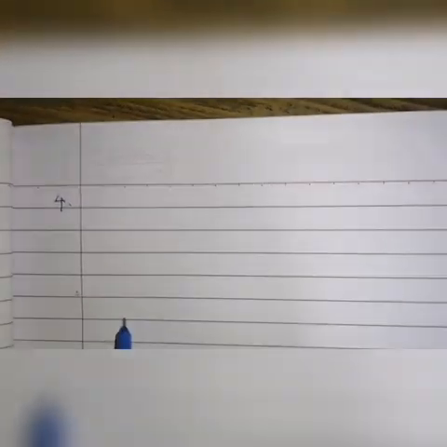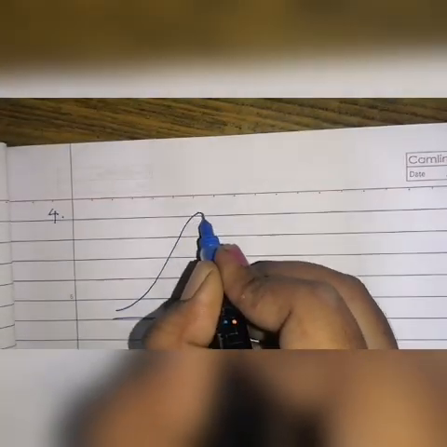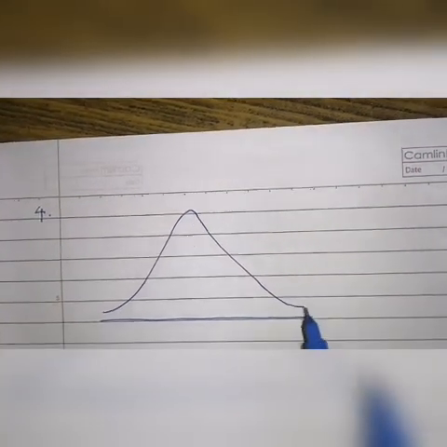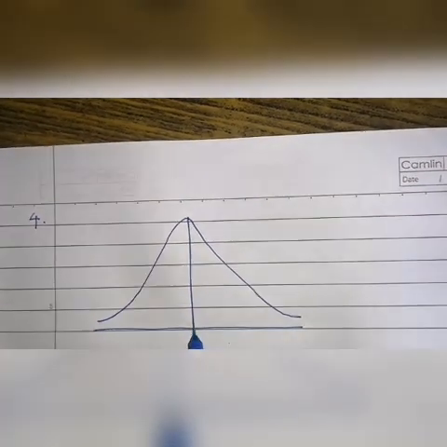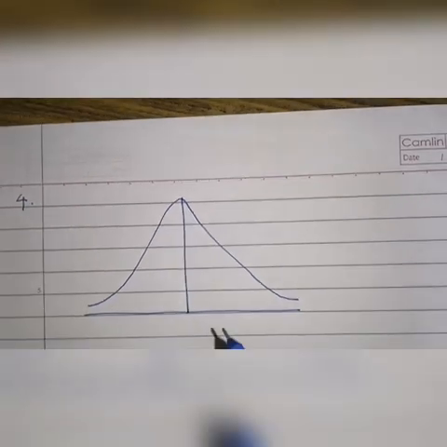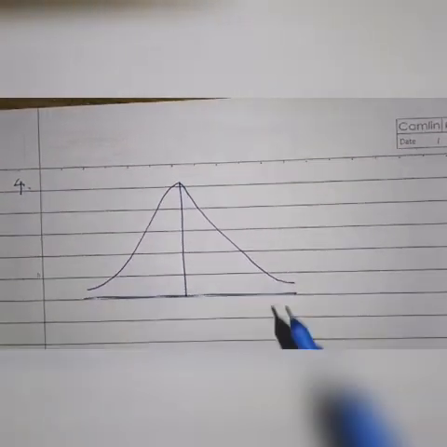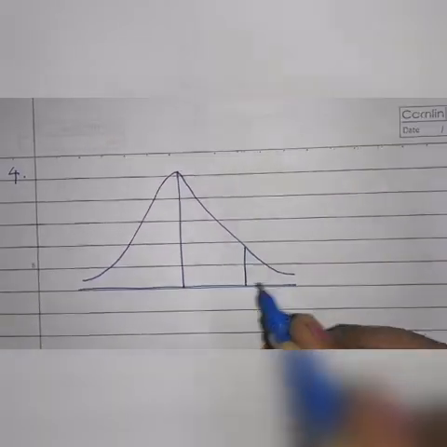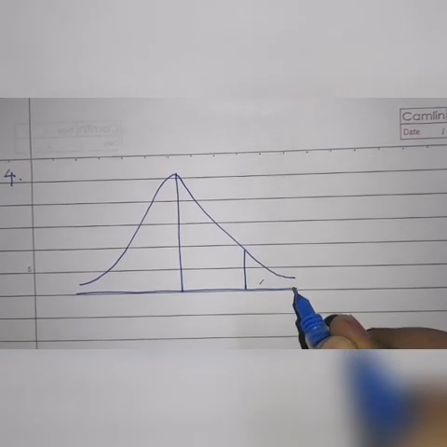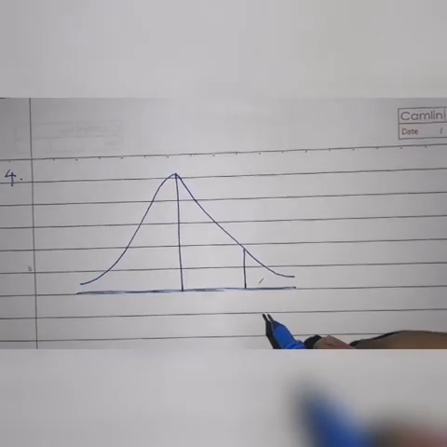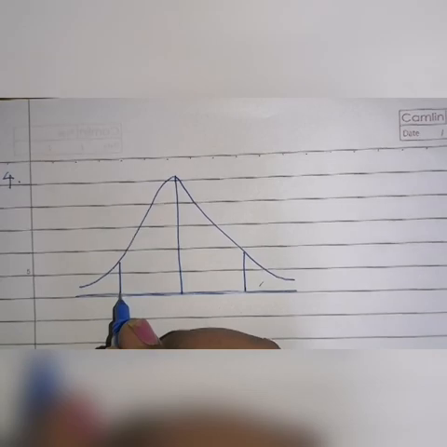So for that we have to draw a graph. Let us draw the standard normal curve. This is the value which divides the entire graph into two equal halves. Now the rejection region area is 0.05 and it is a two tail test, so it should have two tails here.